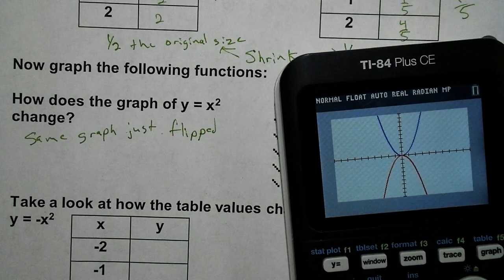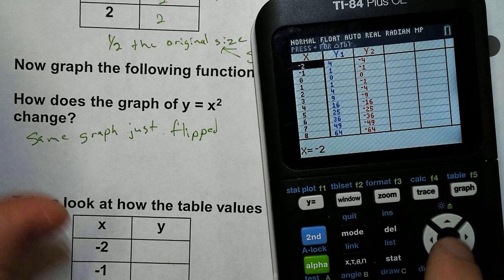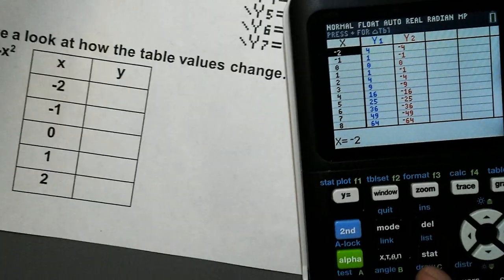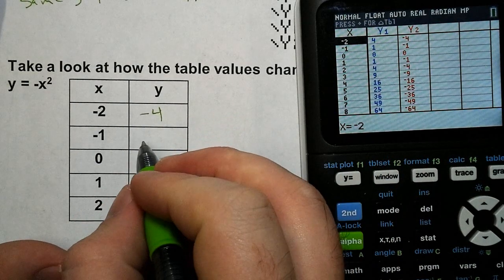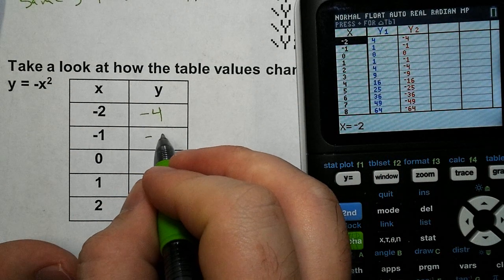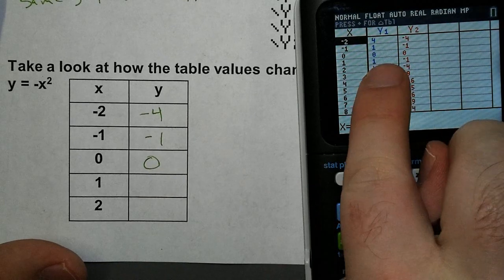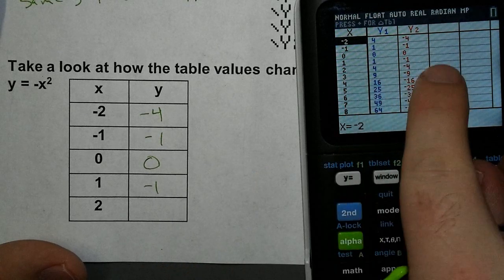So let's look at the table value change. So second graph, pull up the table. We've got +4 for our original, and then it goes to -4. +1 goes to -1. 0, 0, still the same. 1, -1, and it goes from 4 to -4.